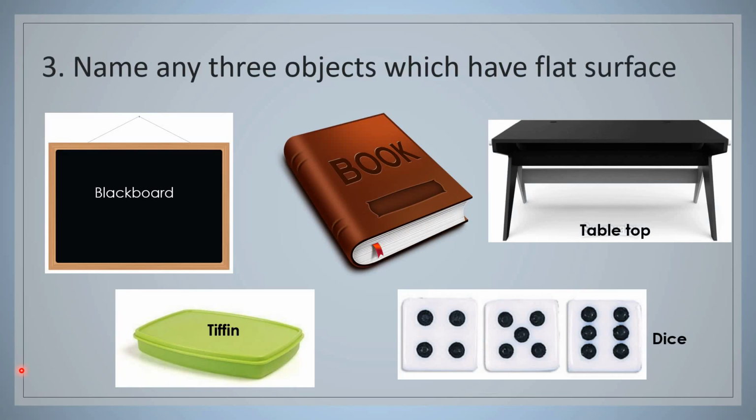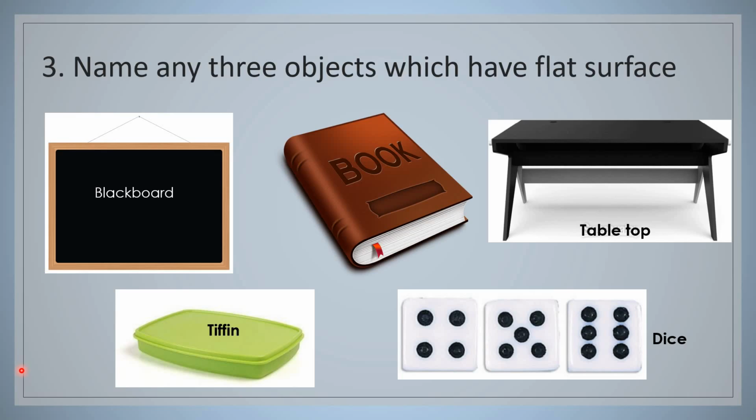Now the third one is, name any three objects which have a flat face. I have given many options here which have a flat face. You can select any three objects and write them in the textbook beside this question. A flat face is one which has a flat or plain surface. The first one is a blackboard. A book, when it is kept flat, has a flat surface.